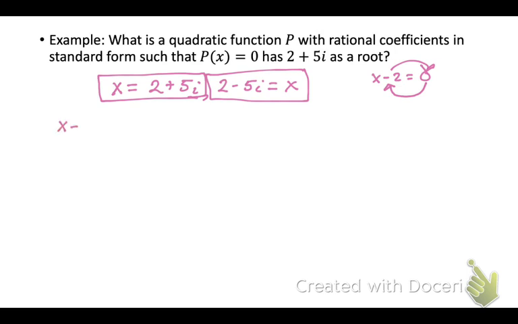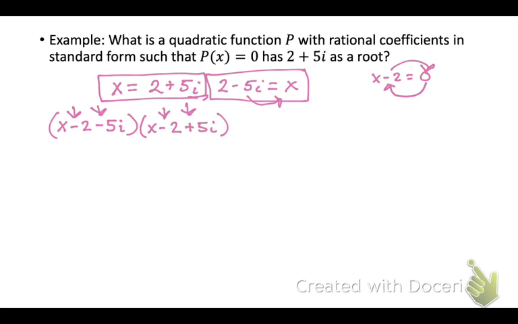I'd have x minus 2 minus 5i, and x minus 2 plus 5i. Do you still see the conjugate part? The 2 is negative in both because the only sign that changes is the one in the middle between those two terms.